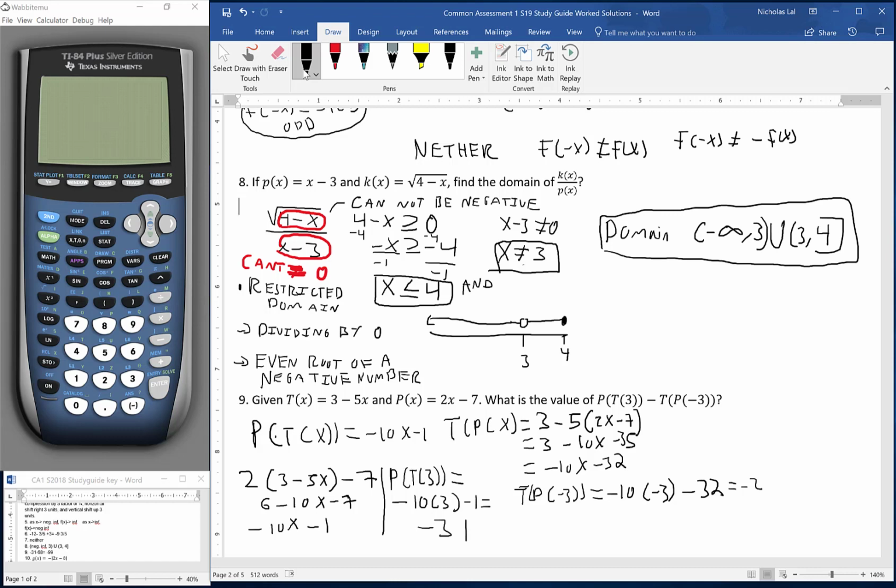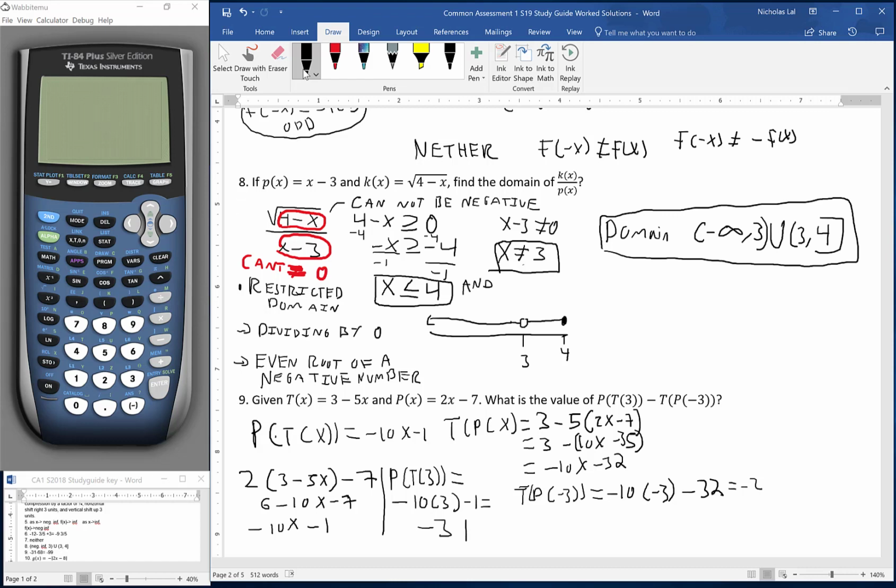The answer keeps showing something different, so I'm going to double check my work. p of x is 2x minus 7. Plug that into t of x. That is going to be 3 minus 5 times 2x minus 7, which is 10x minus 35.